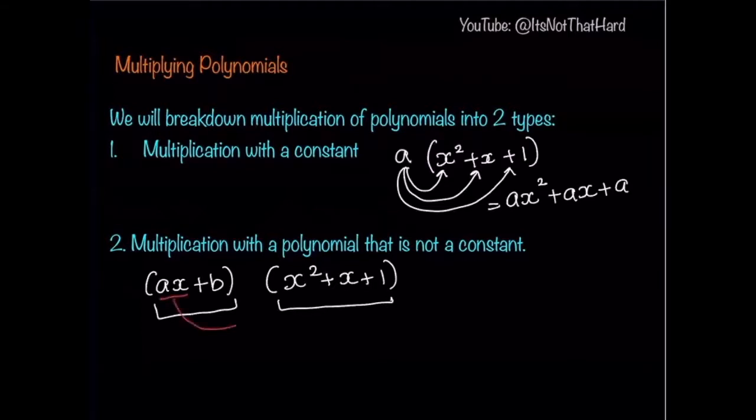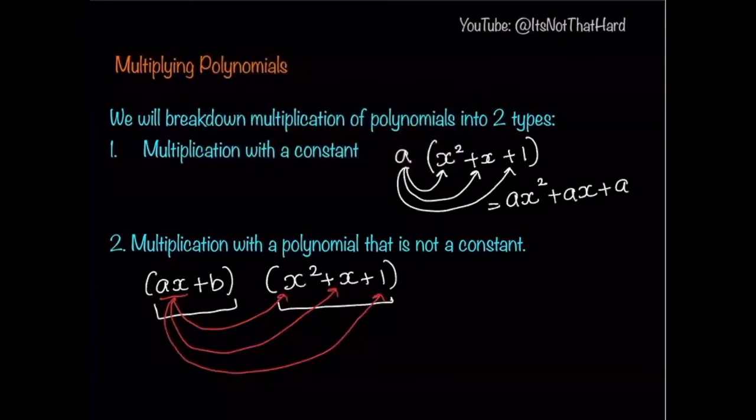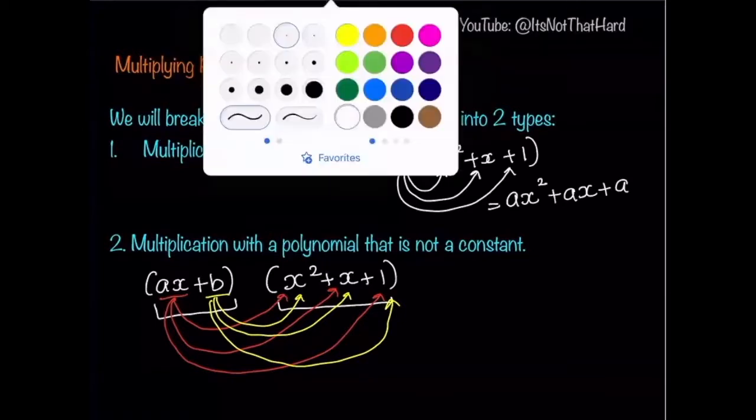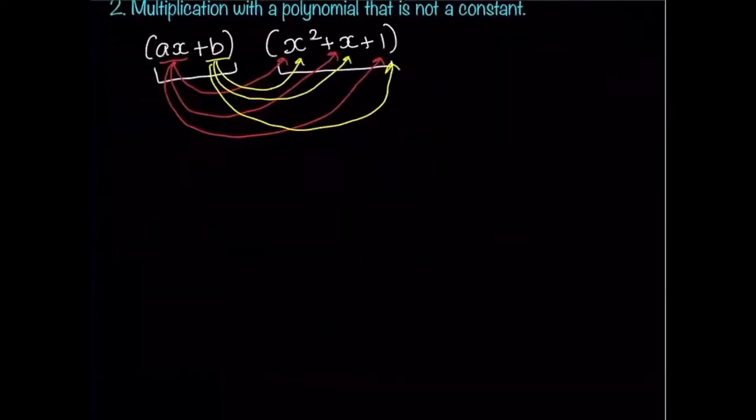You have to multiply this by ax, this by ax, and this by ax. And let's say you wanted to then use b, you have to then multiply this by b, this by b, and this by b. So I'm not actually going to write out what the answer is because I think it'd be a little more complicated, but I'm going to show you an example of how you can multiply polynomials.